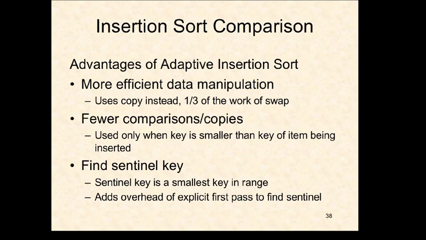Only when the one that's being inserted is smaller than the end of the region where it's being inserted do we do those copies. And that sentinel also saved us a large amount of comparisons. We reduced our constant factor by cutting out one of those things that happened n squared times. There's still other things that might happen n squared times, but we got rid of an operation that didn't need to be there.